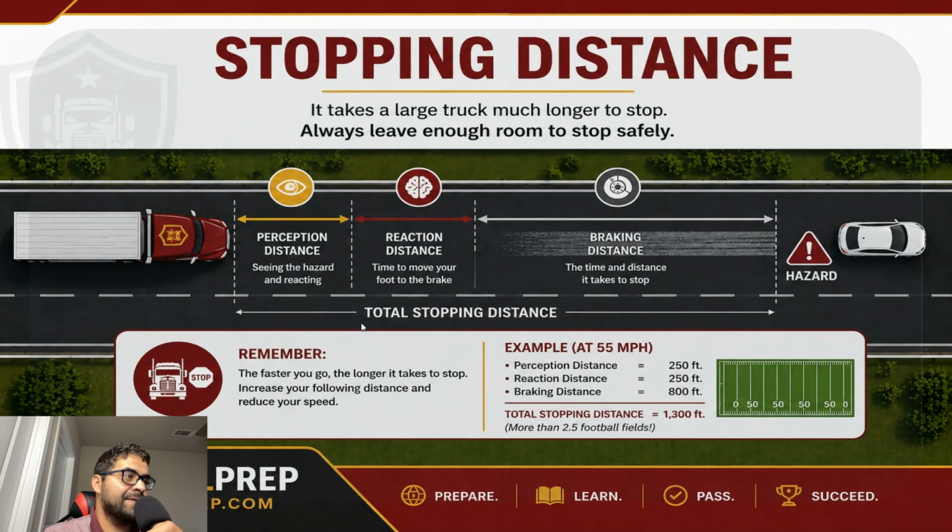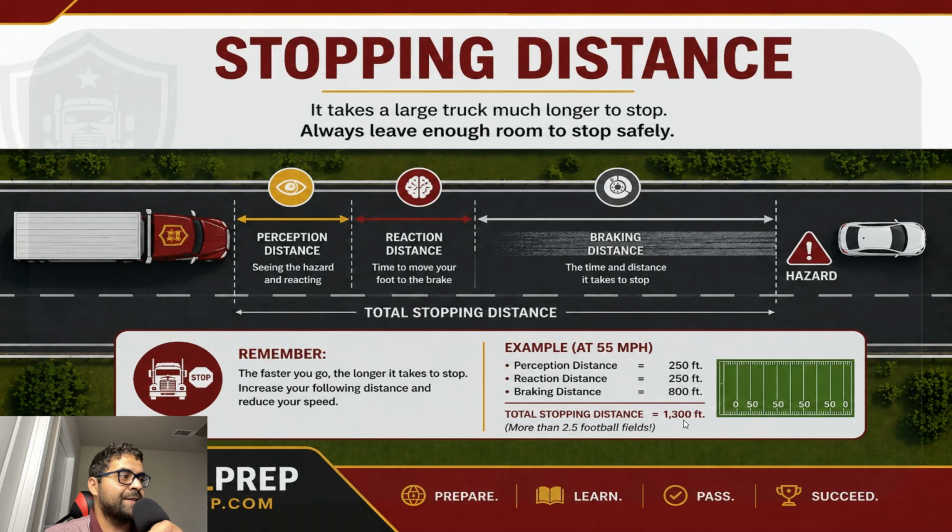So this is called total stopping distance. This is the best way to explain it. So at 55 miles an hour, it takes 250 feet for you to see it and another 250 feet for your reaction distance. And then your braking distance is 800 feet. That's a total stopping distance of 1,300 feet.